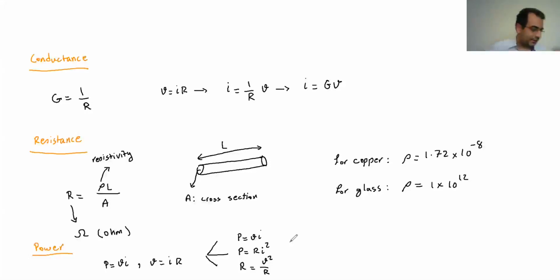Just remember that when later on we are doing the calculation in the system, if somehow you calculate the power for the resistance and it comes out negative, you made a mistake somewhere. You have to go back and look at what's going on.